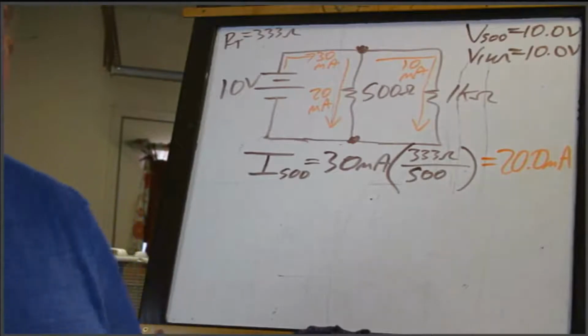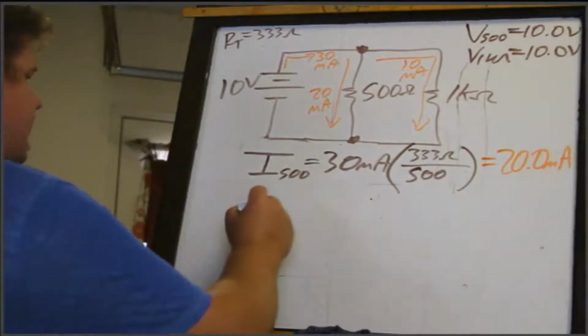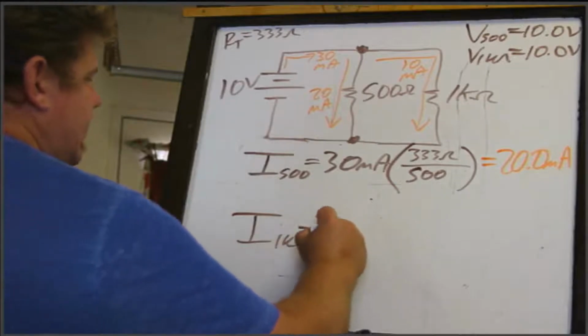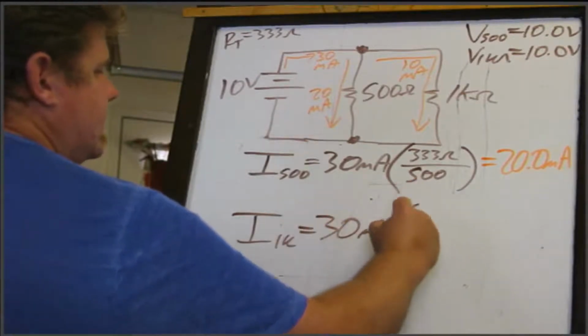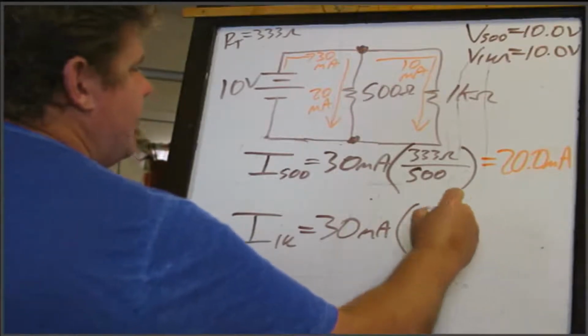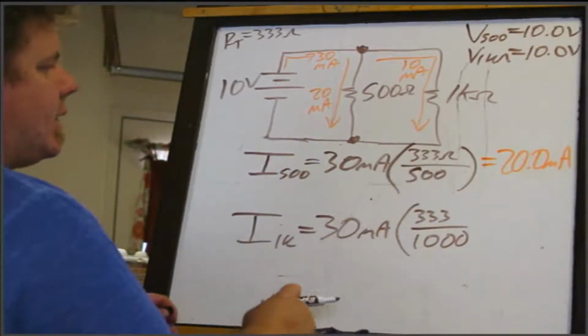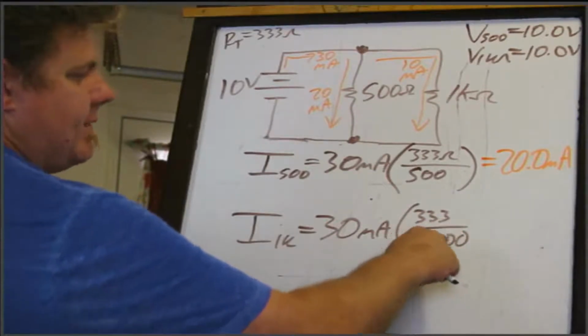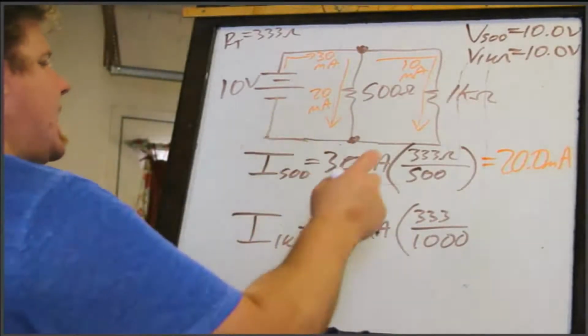So that checks out. Just for fun, let's make sure this one works too. So here we've got 30 milliamps, and you can see just by the presentation of the two equations here, obviously this one is twice as this one, right? Because this one is, you could look at that as 500 times 2, and so you're taking half of whatever this was.